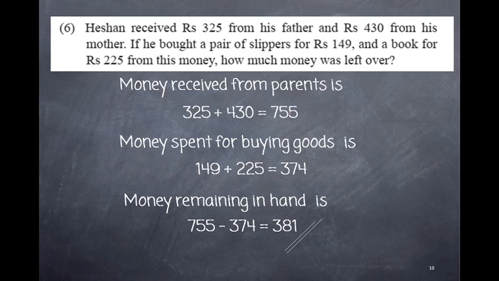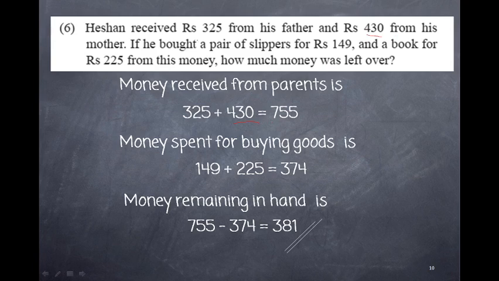So he bought slippers and a book. So first, we have to find the money received from parents. So you have to add 325 to 430. Okay, take the answer for that.